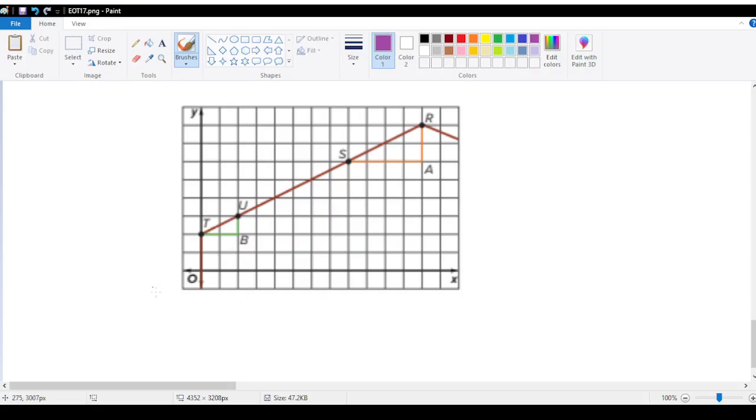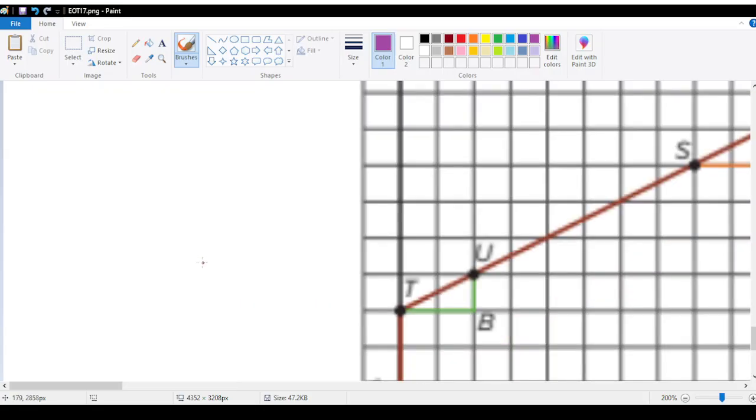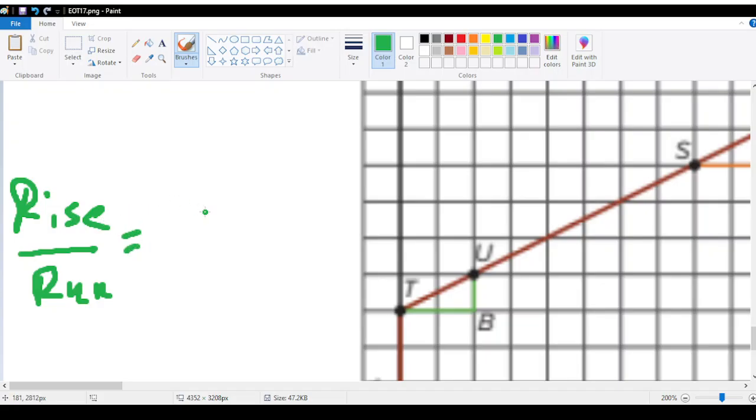Okay, Shamsa, let's start by finding the slope from the green triangle. What is the rule for the slope, Shamsa? It's M equals rise over run. Okay. What's the rise? The rise is 1. That's right.